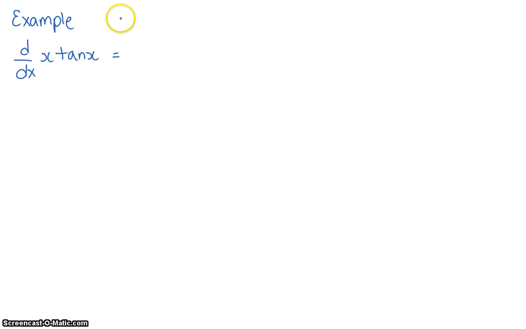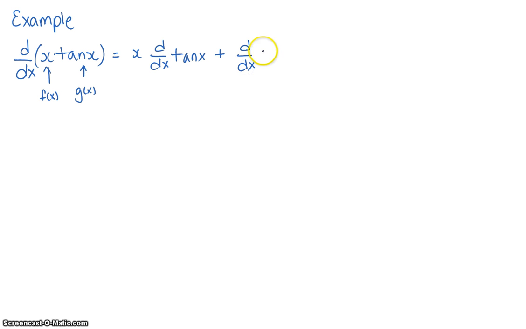Now in this one, we know that when we have a function like x times tan of x, this would be our first function that we're looking at. This would be our second function. Those are the two that are being multiplied together. So you can go x times the derivative with respect to x of tan x, plus the derivative with respect to x of x times tan of x.